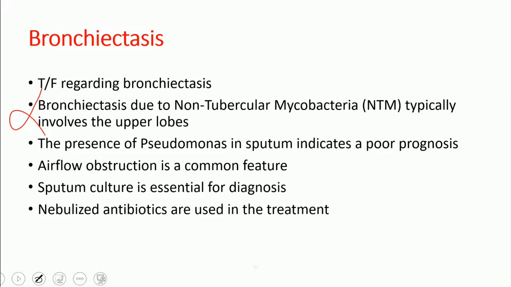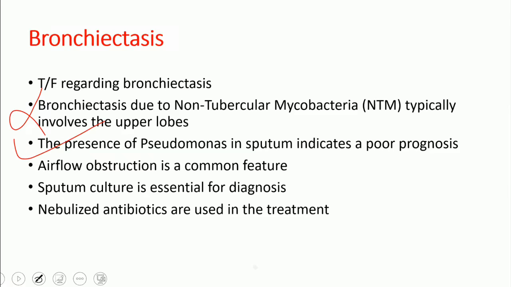They are colonized, and then when the immunity dips, they get infected. So these are opportunistic colonizers. They get recurrent pseudomonal infection. They are very difficult to treat. They are drug resistant most of the time. Presence of pseudomonas in sputum is a poor prognostic feature.